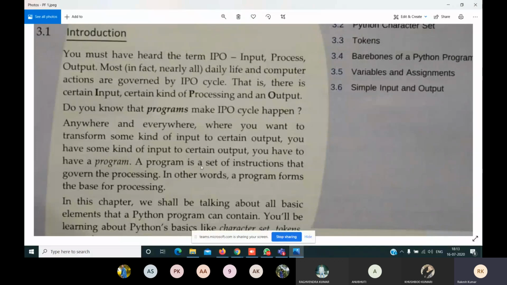If you want ginger taste, you mix ginger. If you want elaichi taste, you add elaichi. There are different types of leaves and sugars, low sugar, high sugar, milk. So you get the output as per the input given, and here it is processed on a stove while boiling. That means if you want output, you must give the input.